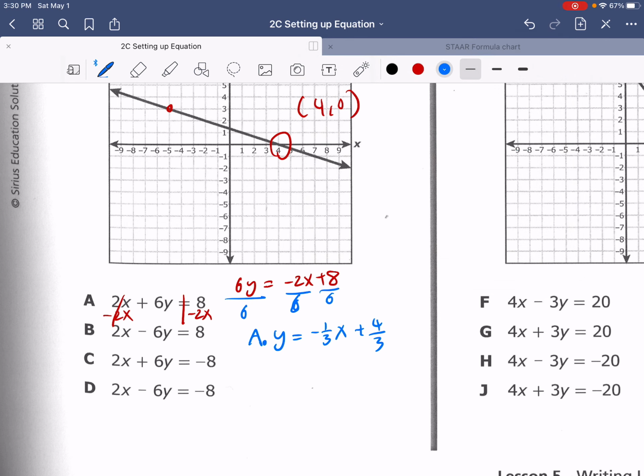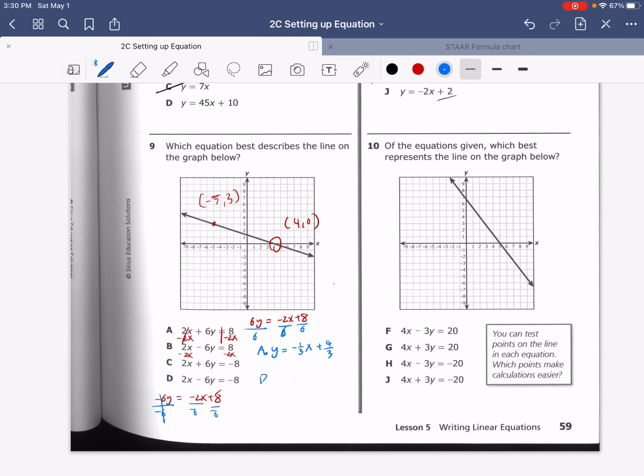For the B, if you do it, negative 2x on both sides. So it's going to be what? Negative 6y equals negative 2x plus 8, divided by negative 6. And so for the B, you get y equals negative divided by negative becomes positive, so 1/3 x minus 4 over 3.